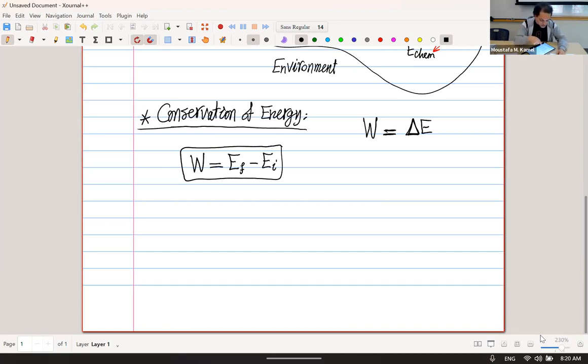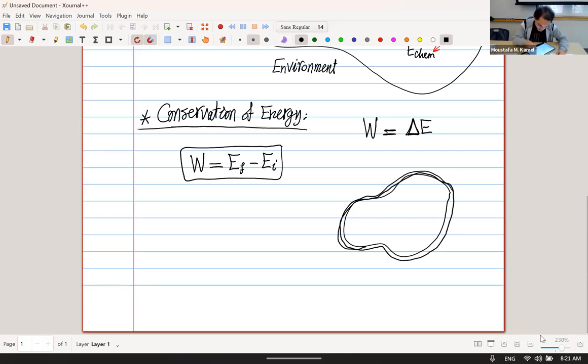So this is not a conservation of energy yet because energy changes here. But if we have an isolated system, which means a system that doesn't interact with its environment, let's draw a solid boundary here. There is no heat transfer, there is no energy transfer. Then work done is zero. There is no interaction with the environment.